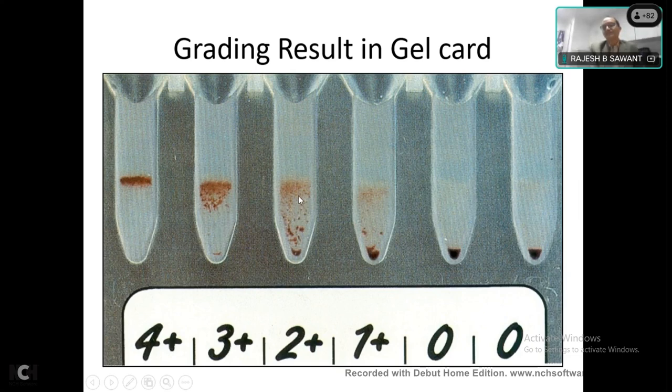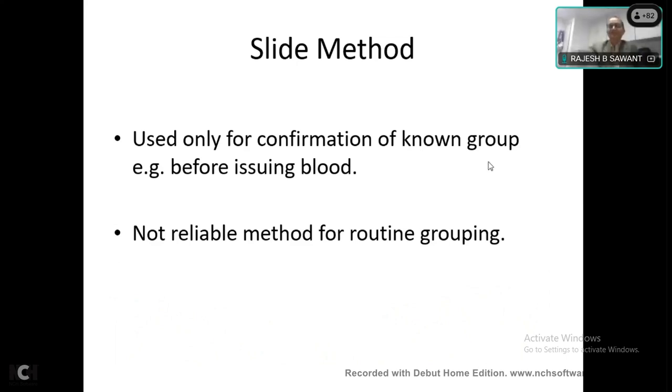If that percolation of minute agglutinates is still at the bottom, it is 2 plus. And if majority of the cells have reached the bottom and only a few minor agglutinates are there at the top, it is 1 plus agglutination. And no agglutination means all your red cells have traveled right to the bottom of your column, right? So that is no agglutination.